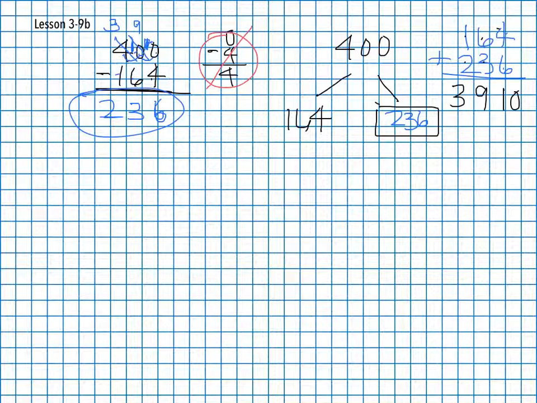Now, normally we would not do math in this manner, okay? But I want you to look at something here. If I were to circle this, and let's just circle this in red, 3, 9, 10. Do you see any similarities between this right here and this right here? Well, hopefully you see the 3, the 9, the 10.